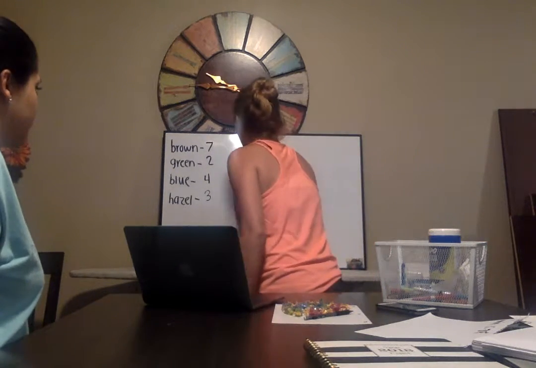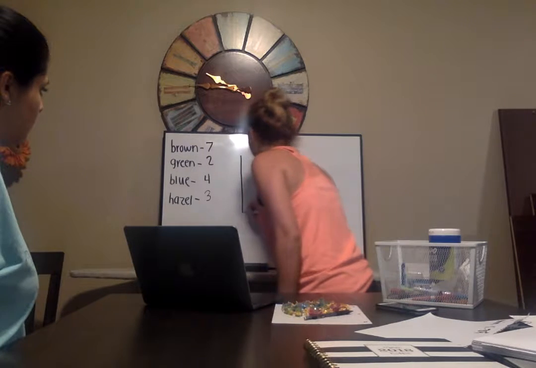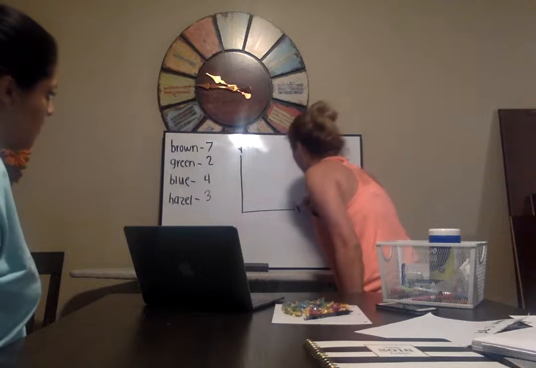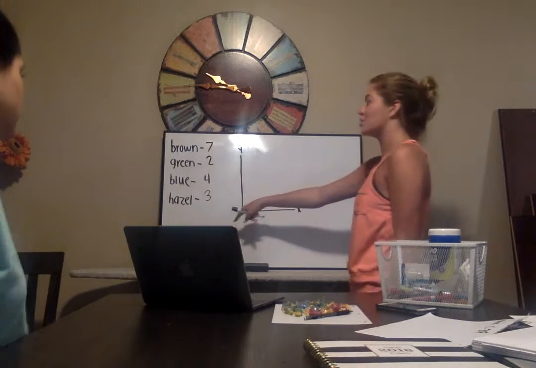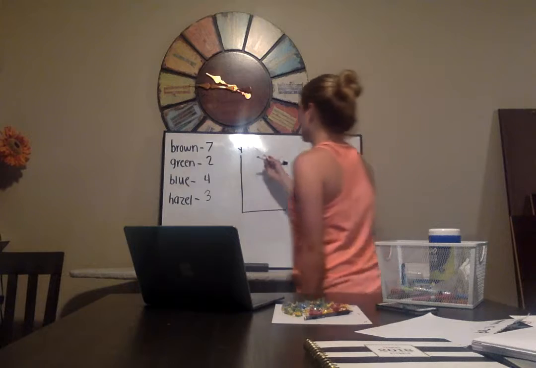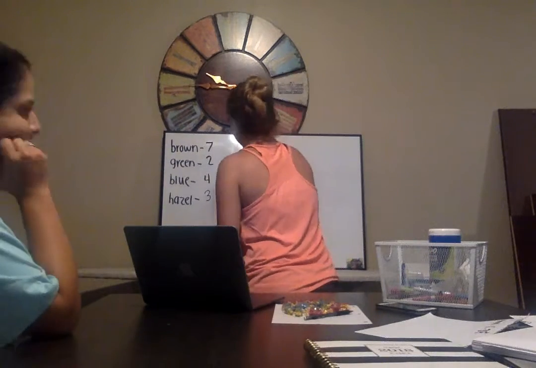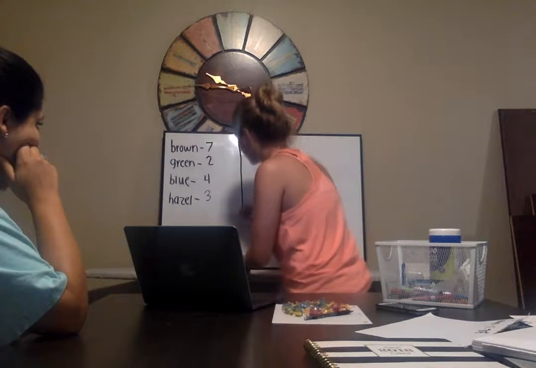Now, next thing we're going to have to do is do the bar graph. So first we start off with the x and y axis. Label y, label x. On the y-axis we do number of students. Start from 0.